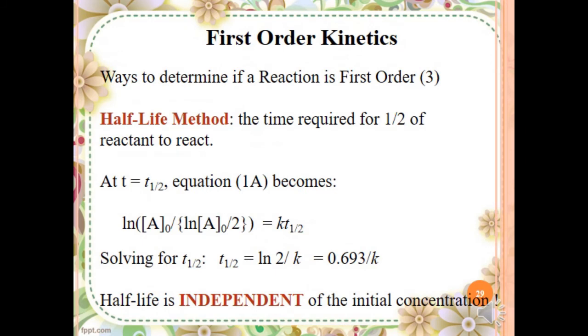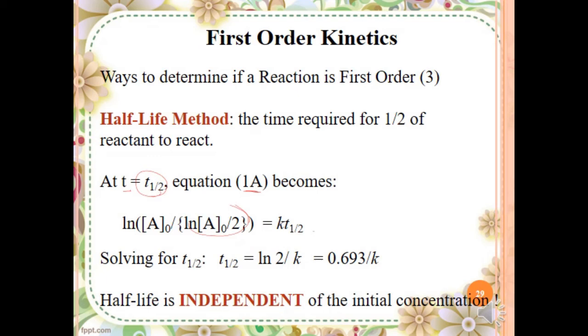The second approach is the half-life method, similar to zero order. At time t equivalent to half, the equation 1a just now will become kt half, where the concentration A at that time becomes A naught divided by 2.